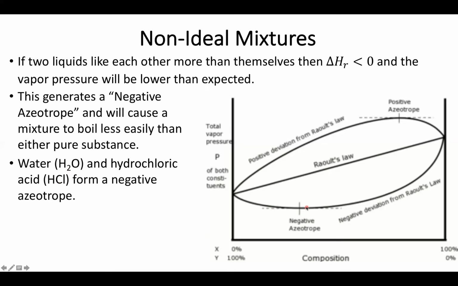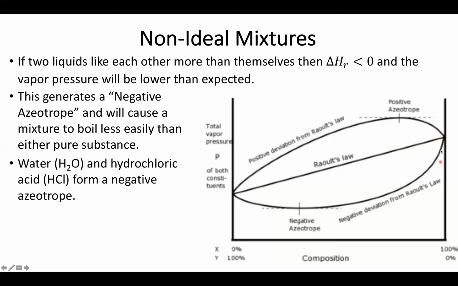So in practice, what ends up happening is that Raoult's law will only be a good description of substances that are very similar. In the end, it turns out you can use Raoult's law pretty well when you're talking about the solvent, so when your mole fraction is 100%.